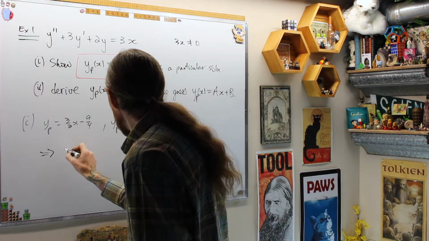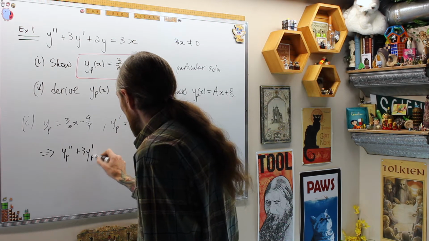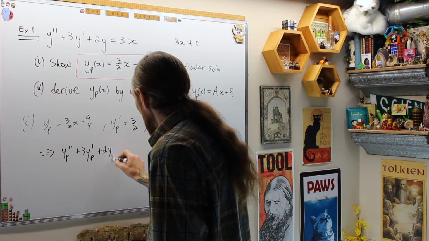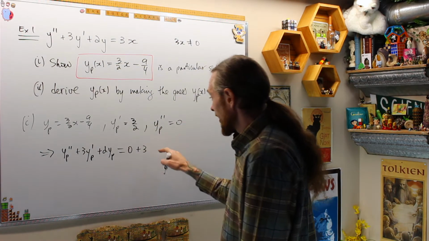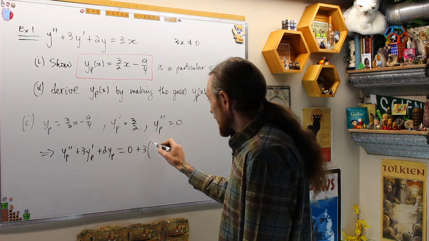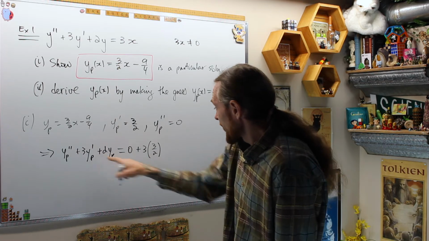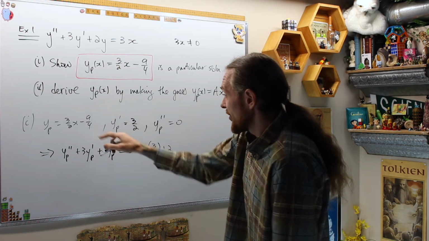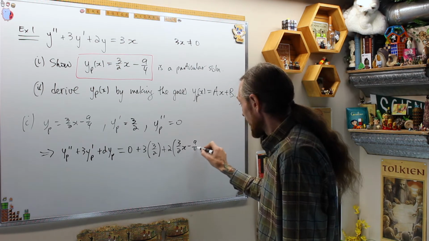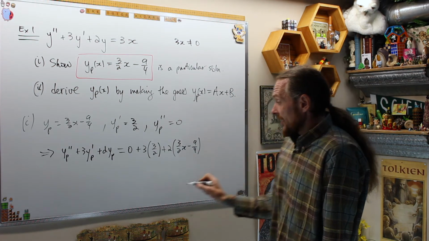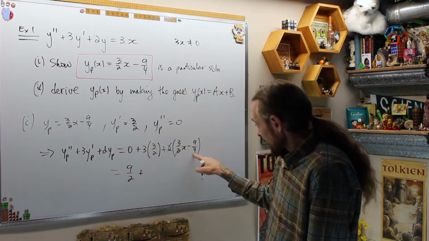That says y prime prime plus 3 y particular prime plus 2 y particular equals, now I have 0 plus 3 times y particular prime, which is 3 over 2, and then plus 2 times y particular, which is 3 over 2 x minus 9 over 4, which is going to give me, when I simplify, 9 over 2 plus, distribute that in there.